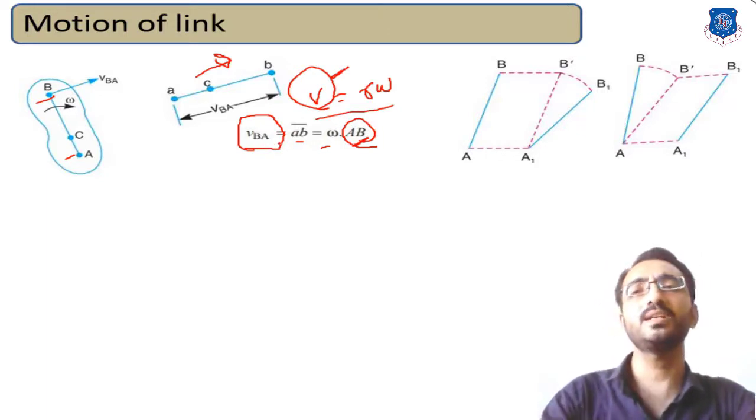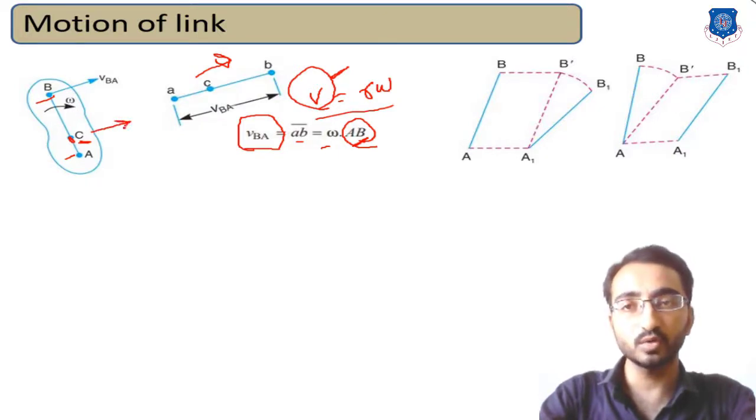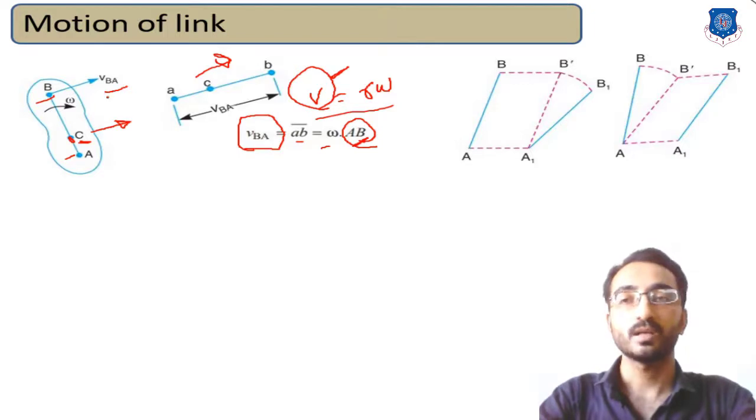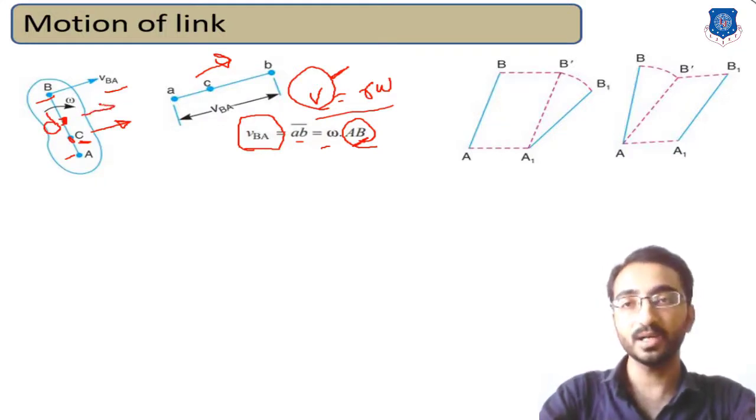Now in a similar way, consider any arbitrary point C which is lying on the same line AB. In that case the motion of C will also always be perpendicular to the line joining A and C, which is similar to BA. Or if you consider point D on link AB, again the direction will be perpendicular to this.